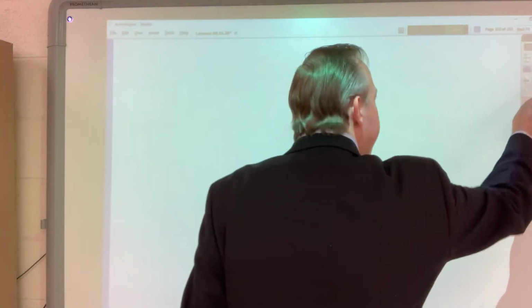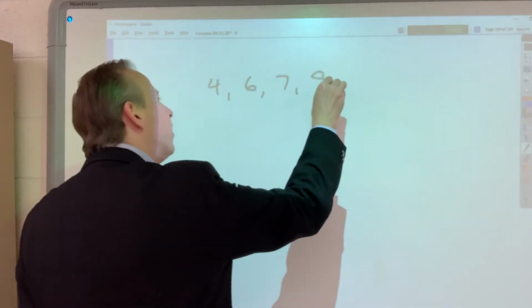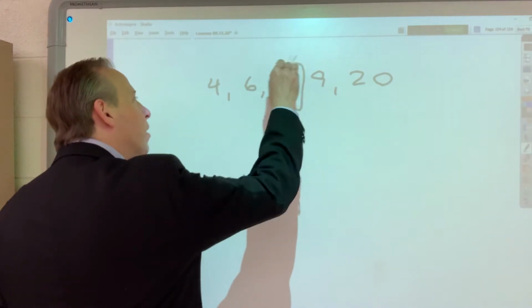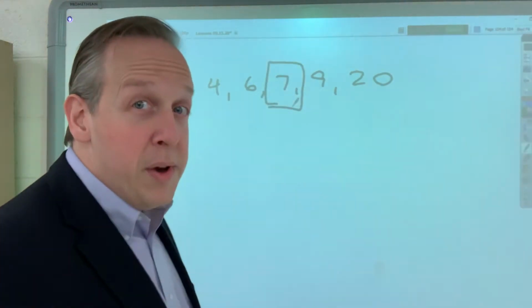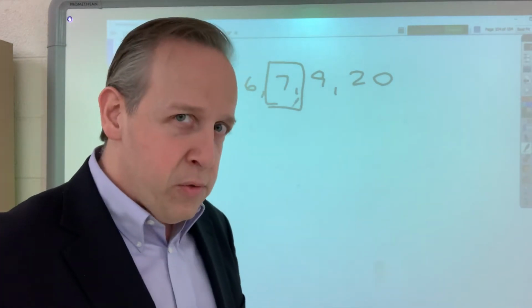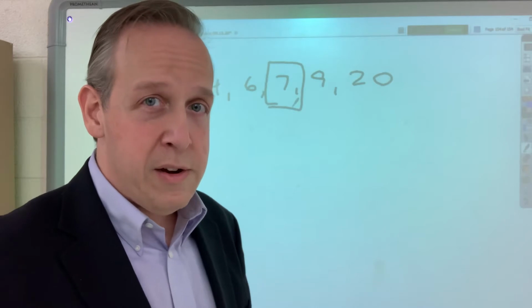Much easier when it's an odd number of data points. 4, 6, 7, 9, 20. What's the median? Well, right there in the middle is 7. So again, it doesn't matter what the values are that are more extreme than that. It's just what is the central data point in our distribution.